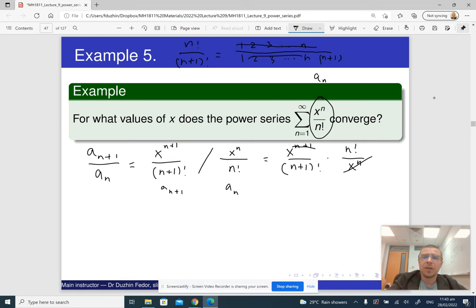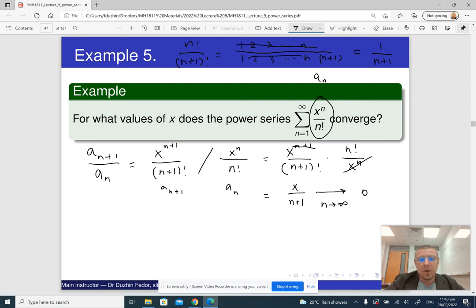So these are going to cancel out, and the remaining term is just 1 over n plus 1. So this is really nothing else but x over n plus 1. And of course, as n goes to infinity, this goes to 0.